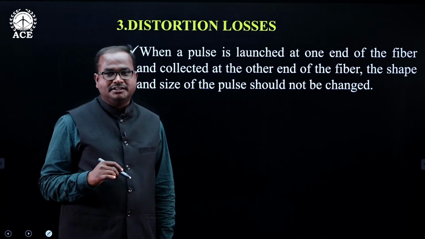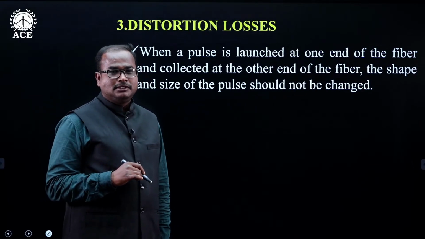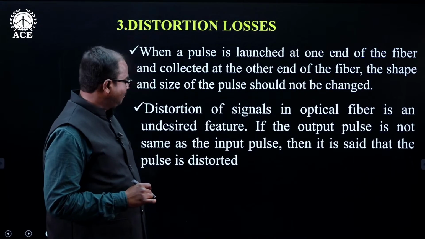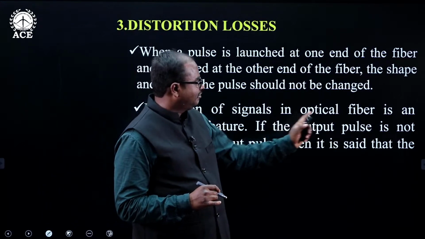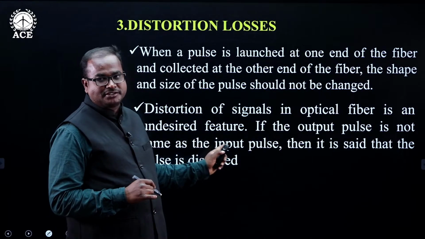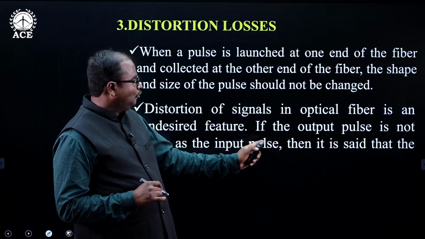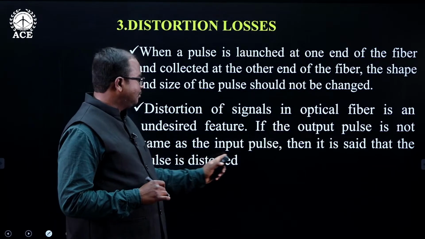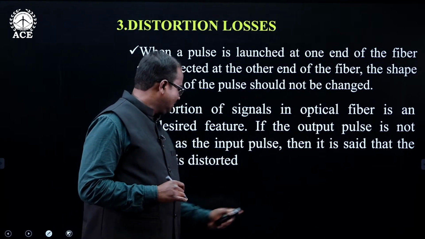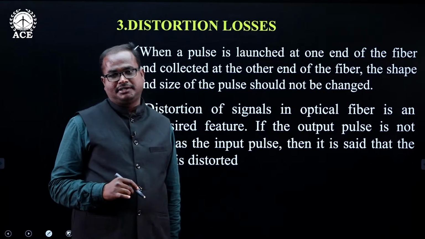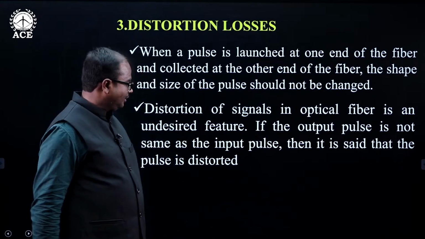This distortion of signals in optical fiber is an undesired feature. If the output pulse is not the same as the input pulse, then the pulse is said to be distorted.